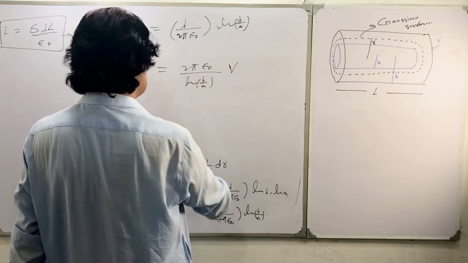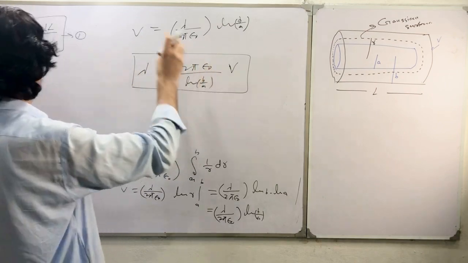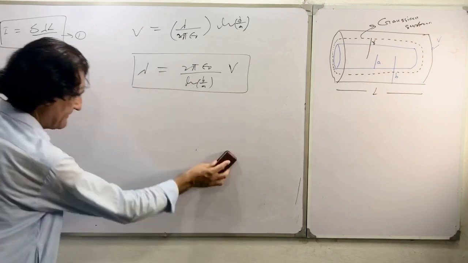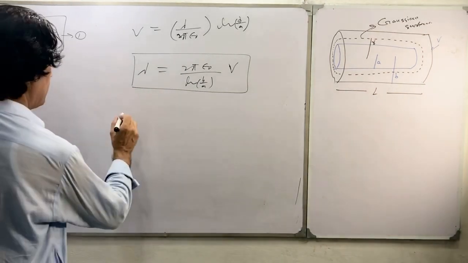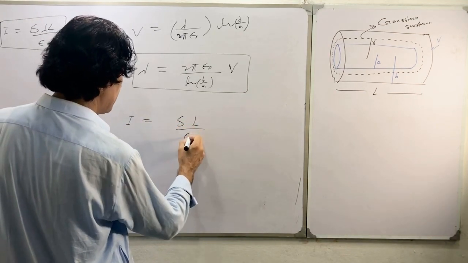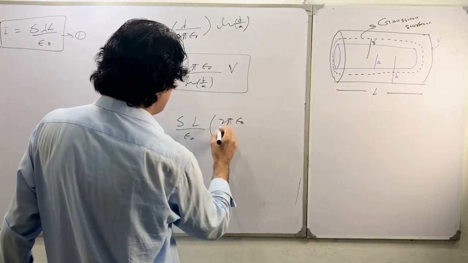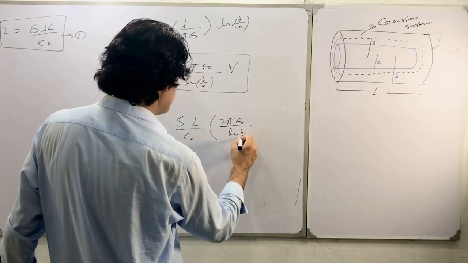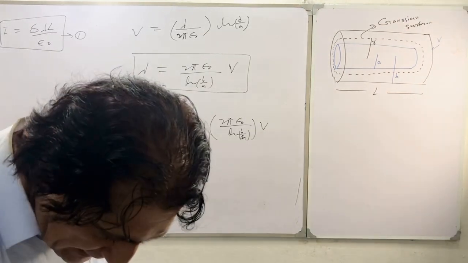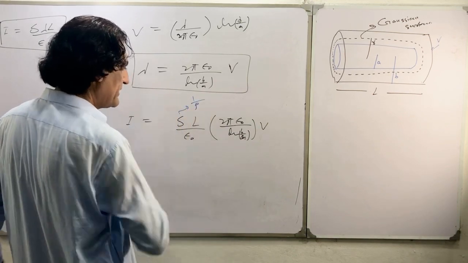So this is the potential. Putting the value of lambda in equation number 1, what will we have? Let's see. I is equal to sigma L divided by epsilon naught, and the value of lambda is equal to 2 pi epsilon naught divided by log of B divided by A, times V. Here sigma is actually the reciprocal of resistivity.